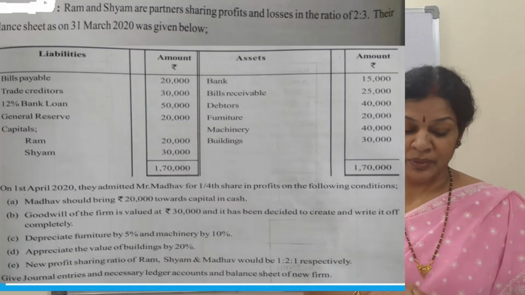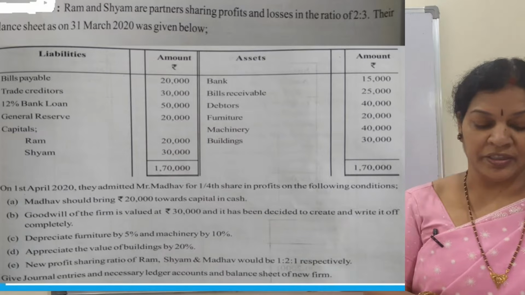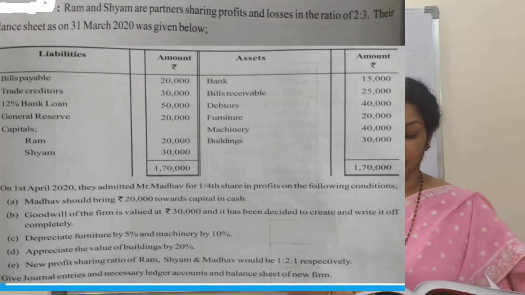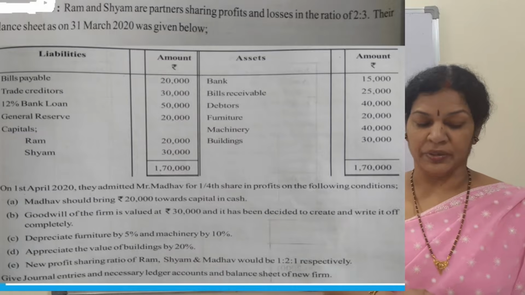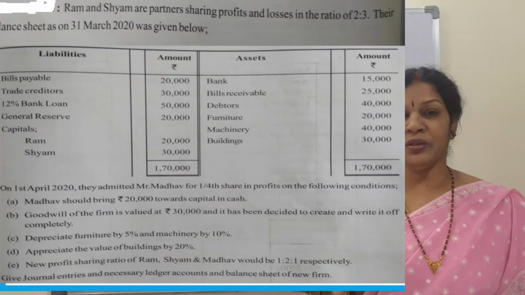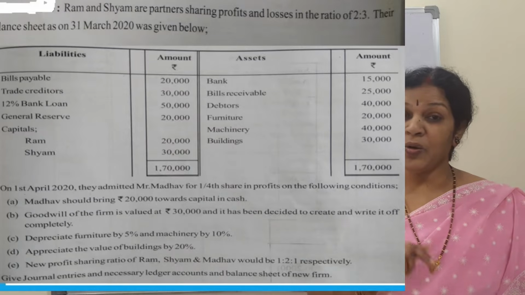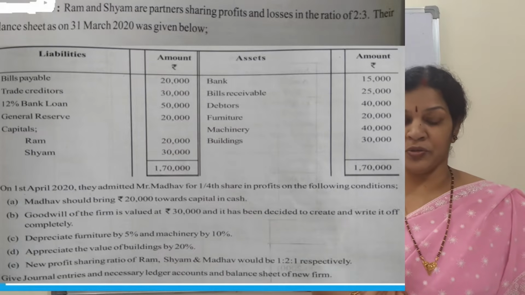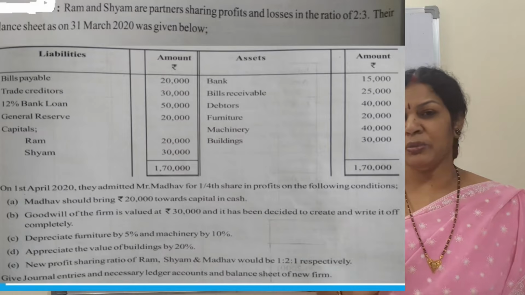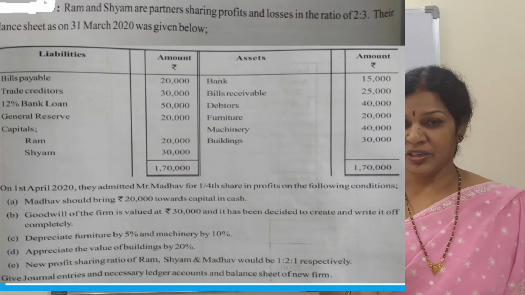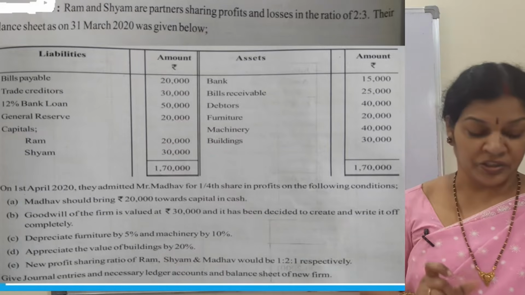Liability side: bills payable, trade creditors, 12% bank loan, general reserve, capital. Capital will be written into the capital accounts. General reserve will be distributed to the old partners as per the old ratio. Other liabilities will be as they are in the balance sheet. Is it clear?